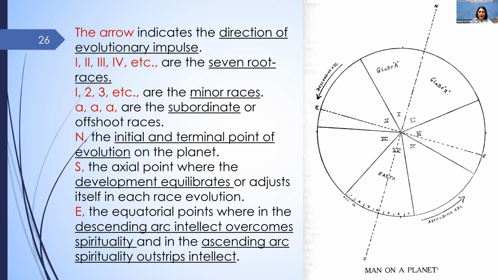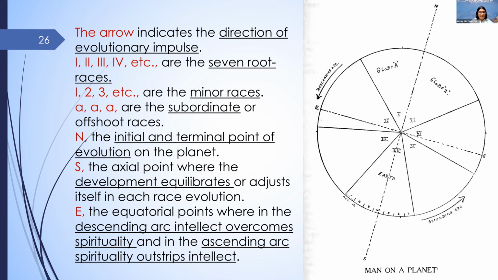So in the descending arc, when evolution reaches point E, then the physical mind is becoming more and more active and spirituality is decreasing. The same point E on the ascending arc, at that point, spirituality will outstrip the intellect. So in this way, this diagram is representing the evolution of 7 races on Earth.